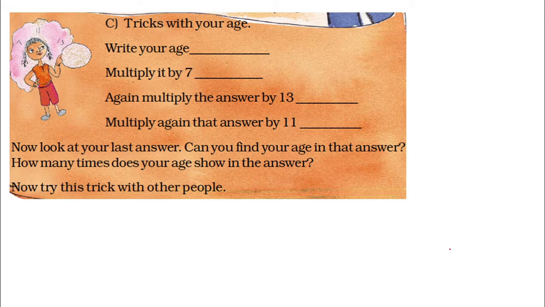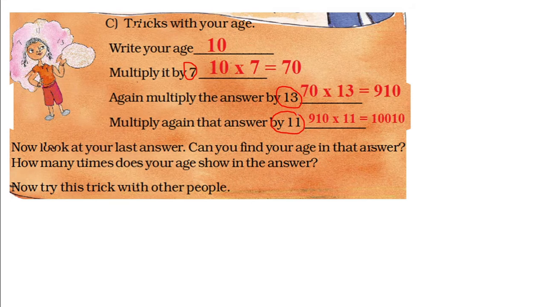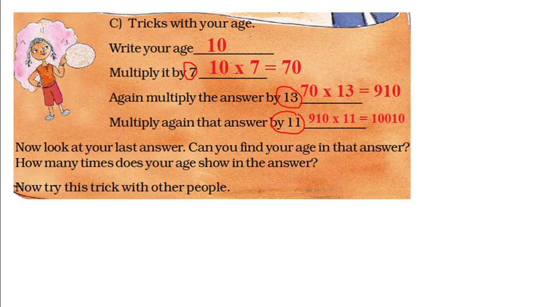Okay, let us move next. Trick with your age. You have to think about your age. Whatever your age is there, you can write here. Then you multiply it with 7. Then you multiply it with 13. Then you multiply it with 11. So you will see a pattern there. Let us see. Suppose your age is 10 years.